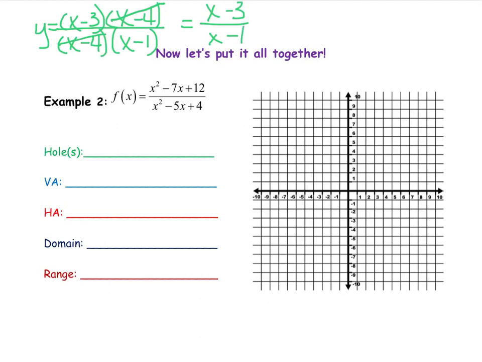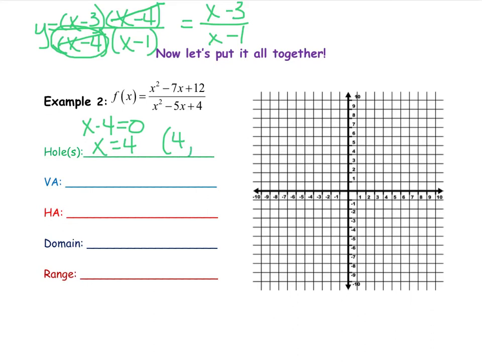Now, in order to find the hole, we use the denominator factor that's been canceled out, which was x minus 4. So we're going to set that equal to 0, and that gives us x equals 4. Now 4 is going to be the x-coordinate of our hole.